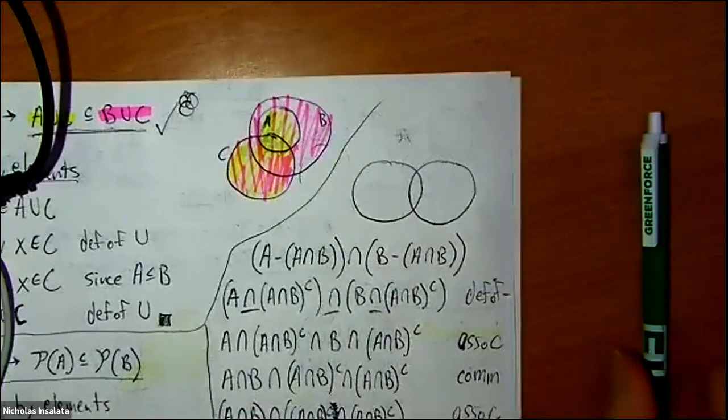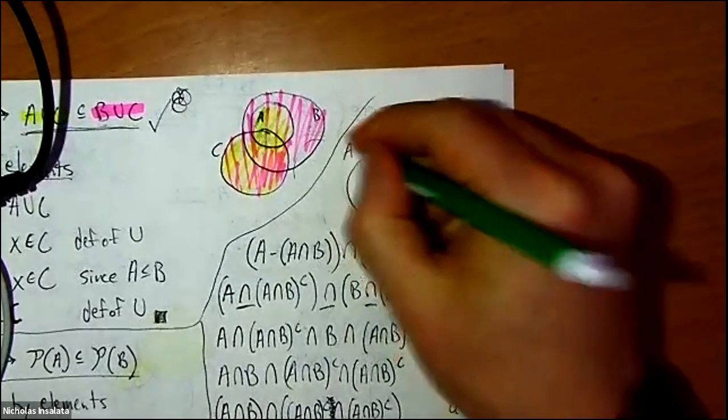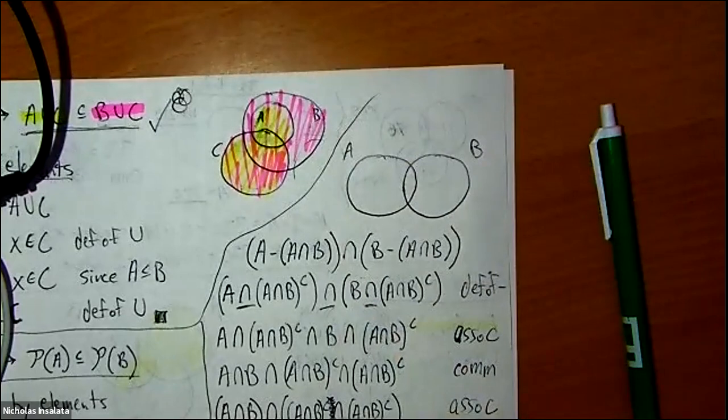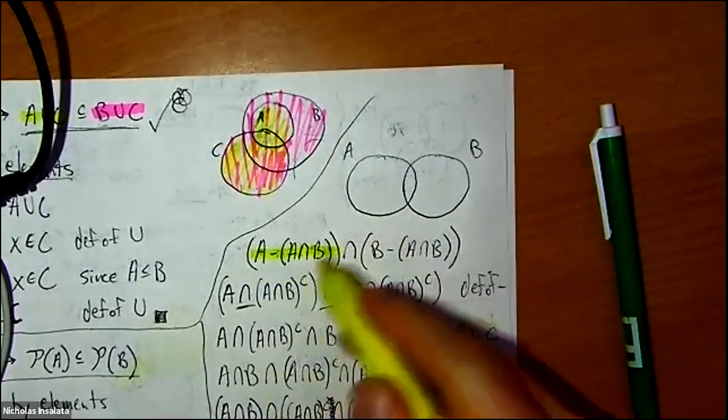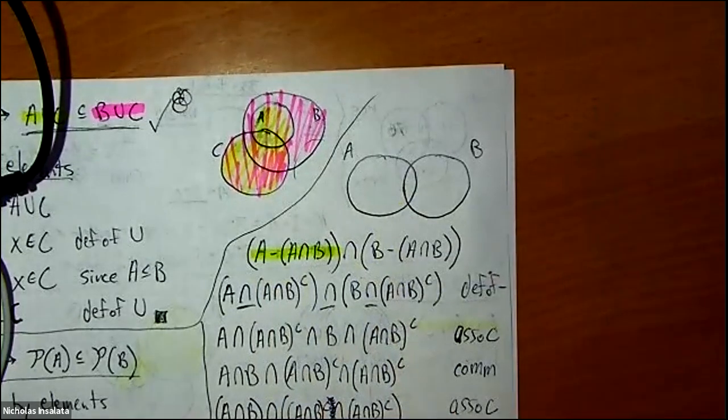Okay, and let's look at what we have on the left. So on the left side, we've got A minus the intersection of A and B. So which region is that?